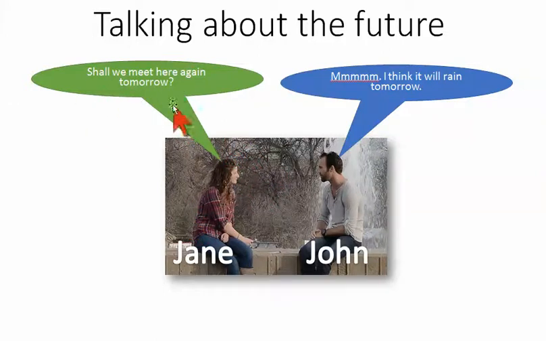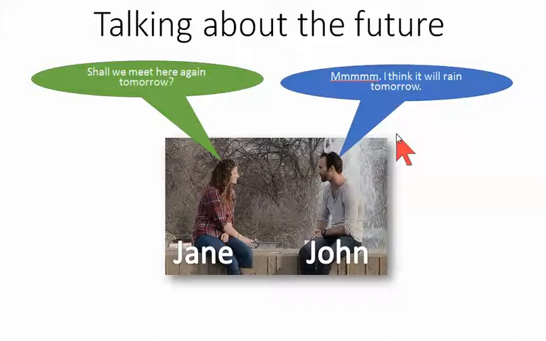"Shall we meet here again tomorrow?" says Jane. "I think it will rain tomorrow," says John. Now, why is John using the future simple? Why is he saying will? Well, in this case, he's choosing to use will to give a signal to Jane.